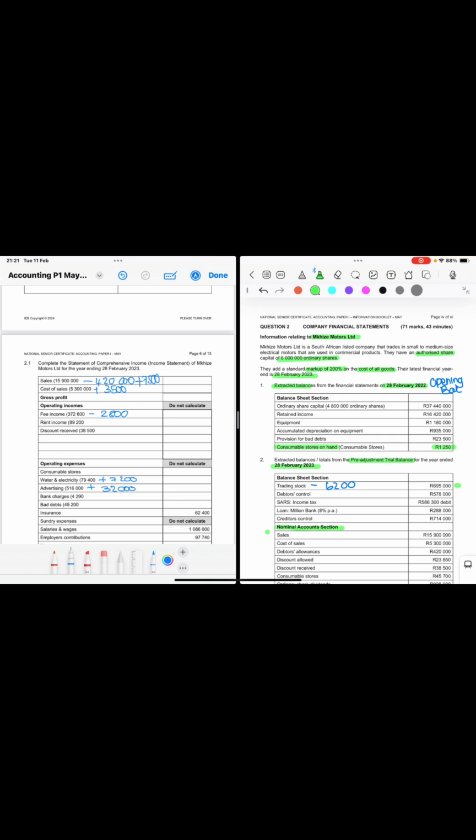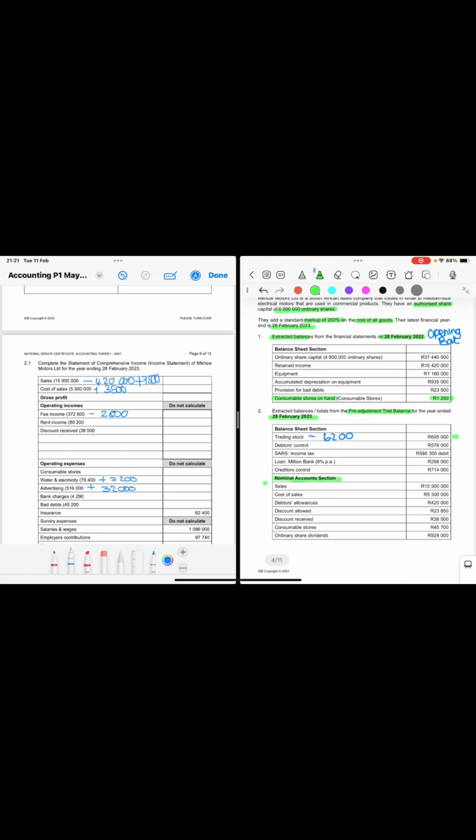So these were consumable stores left over from the previous period. So in the current period, we need to include those into our expenses as well, because they'll start using the consumable stores from last year, then the ones they've purchased. So these need to be included into the expense for consumable stores.